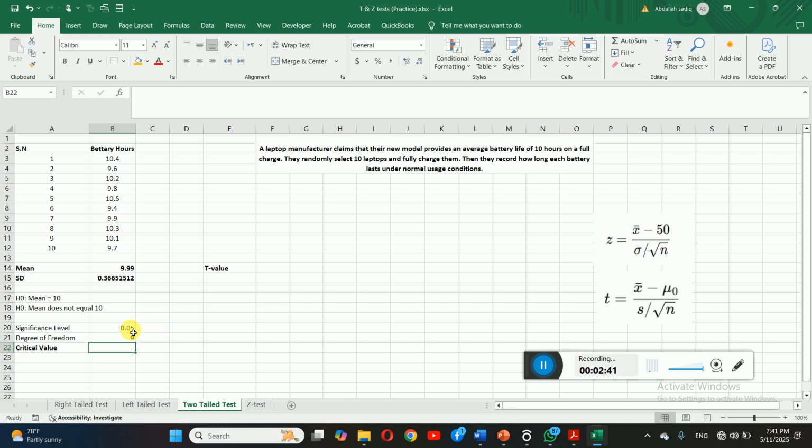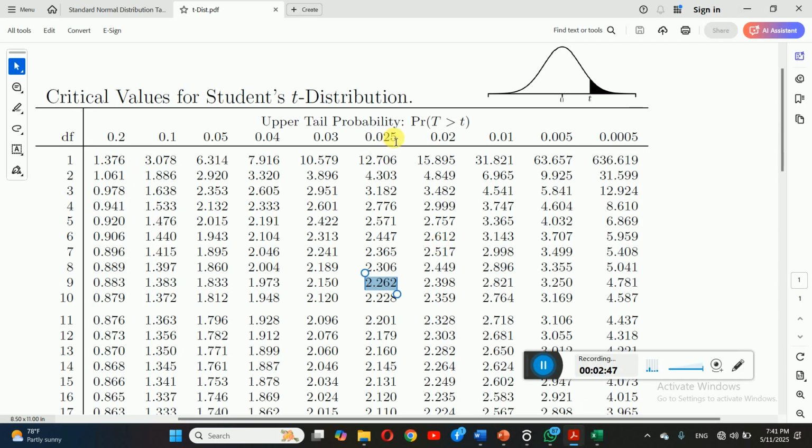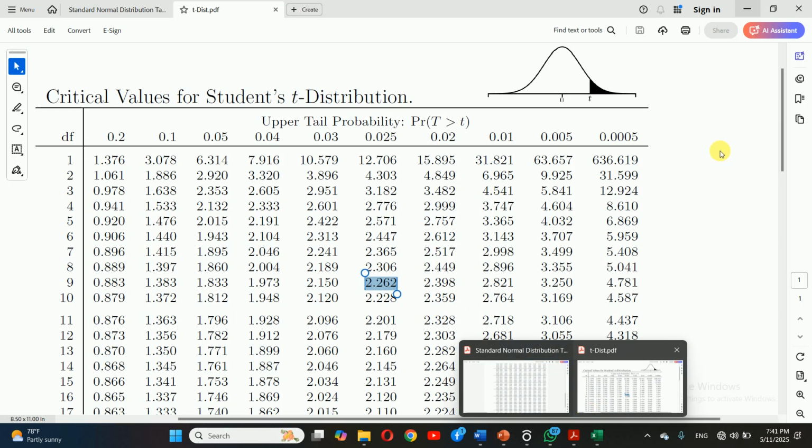So for 9 degrees of freedom and 0.025 in the t-table we have 2.262. Yes, 2.262.